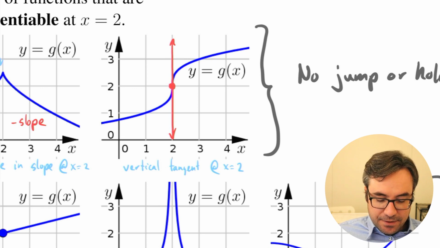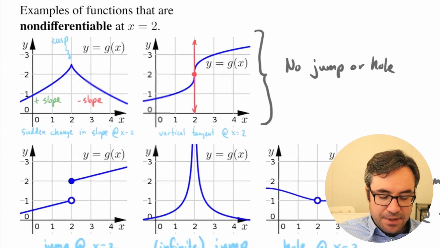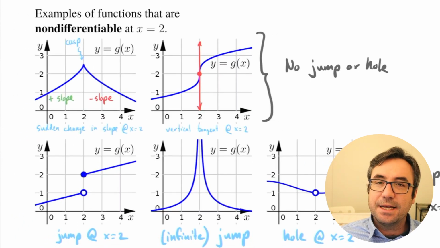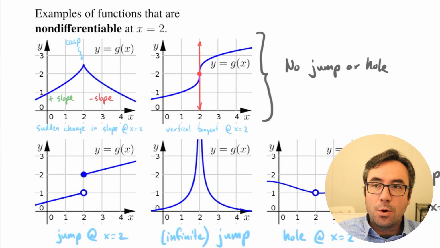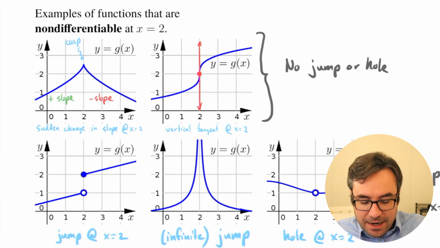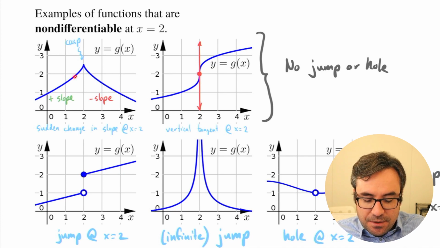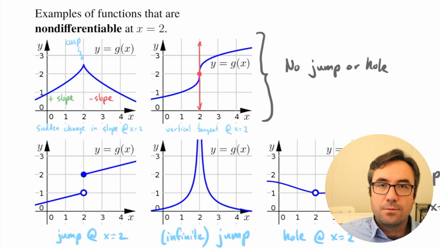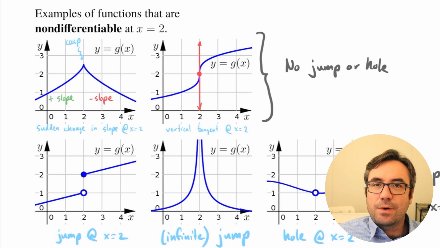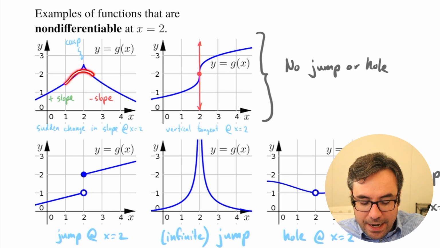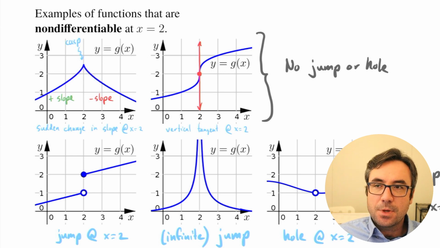All right, so these are the different possibilities for where our function has a non-differentiable point. We could have a really sudden corner, or a drastic change in the slope, not a nice gradual rounded change.